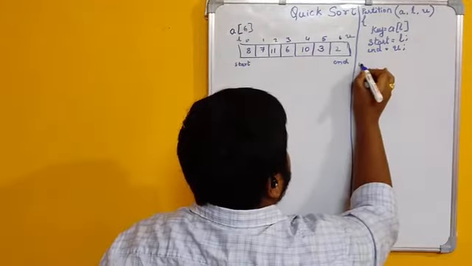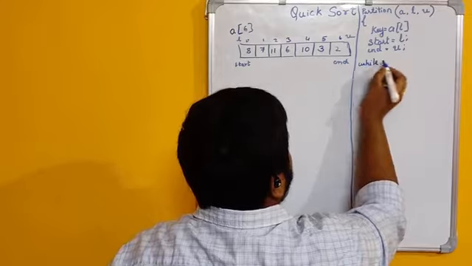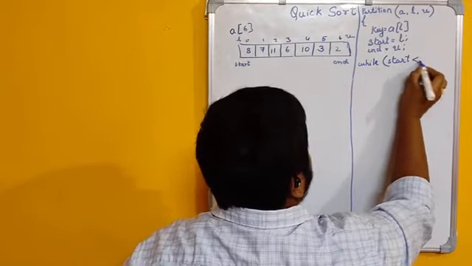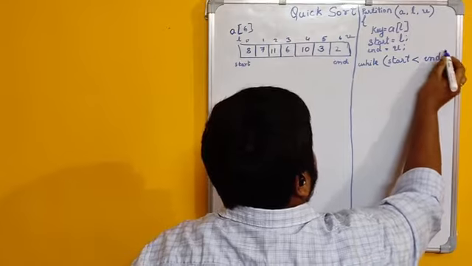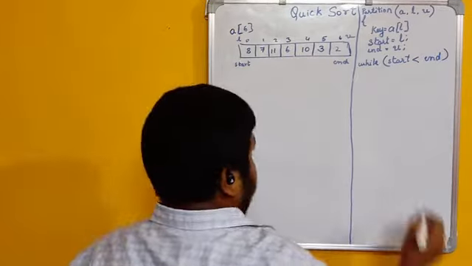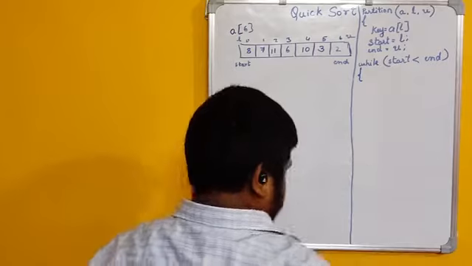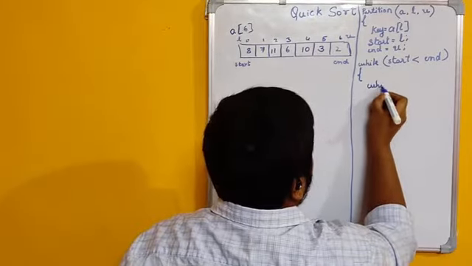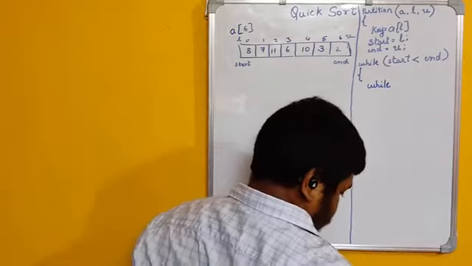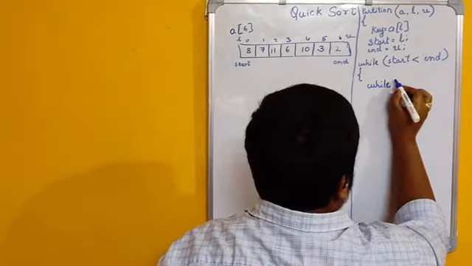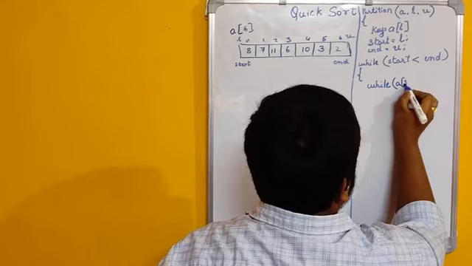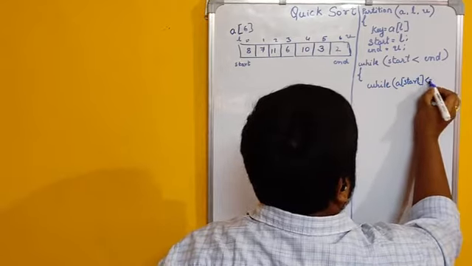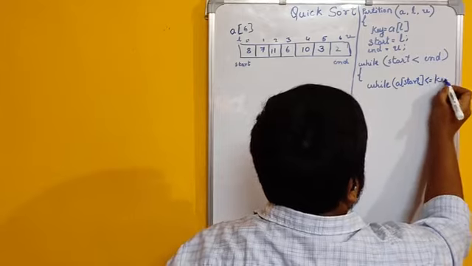We will take one condition: while start is less than end. When start is less than end, again we will take while A of start is less than or equal to key.